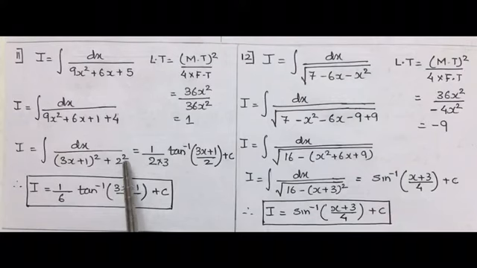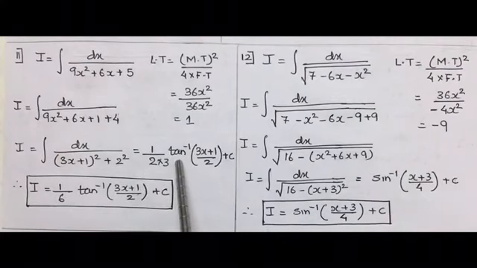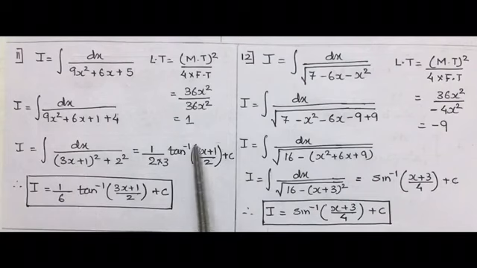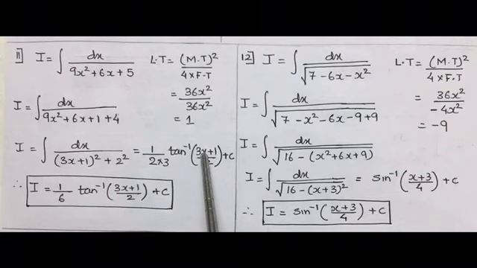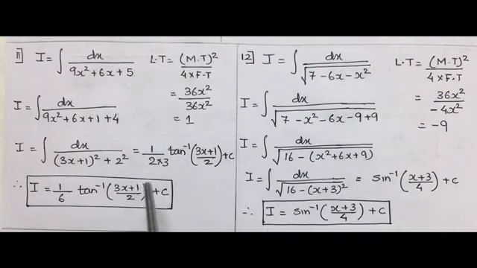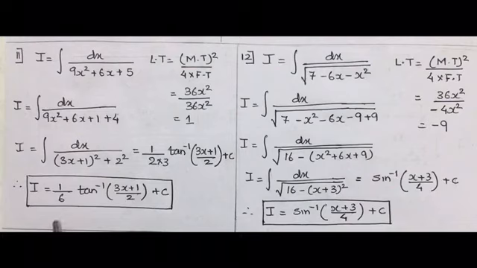Now here a is 2, so 1 upon 2 tan inverse x part is 3x plus 1 divided by 2, that is a, plus c, and 3 is multiplied with 2 because the coefficient of x is 3, which is to be divided. So the final answer becomes I is equal to 1 upon 6 tan inverse 3x plus 1 divided by 2, plus c.